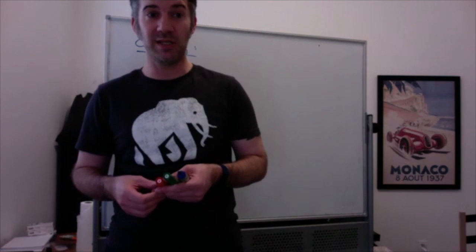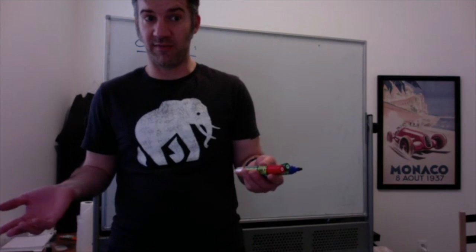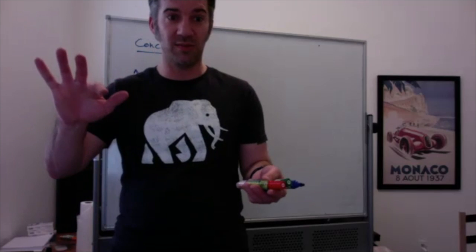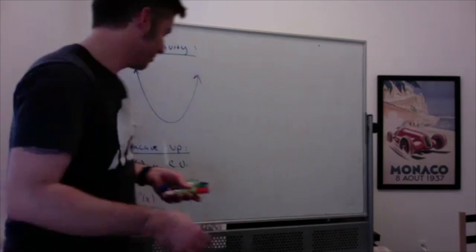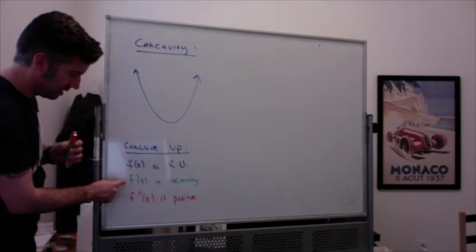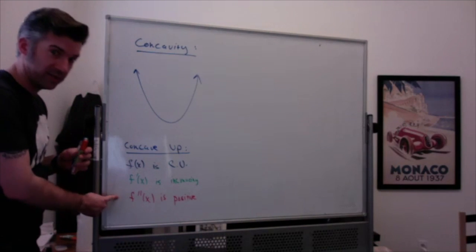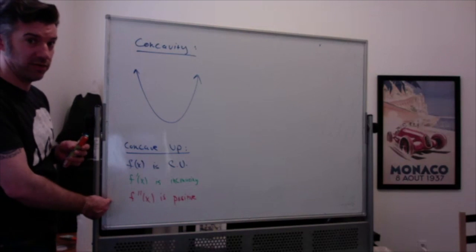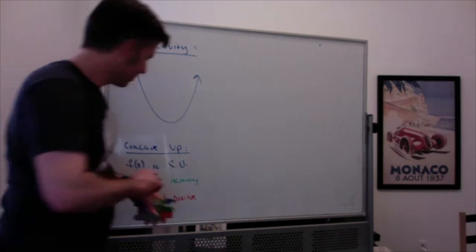We kind of know that's true. We know that if something is increasing, its derivative is positive. That's how we find what the first derivative is: the function is increasing when its derivative is positive. Or the first derivative is increasing when its derivative, the second derivative, is positive.